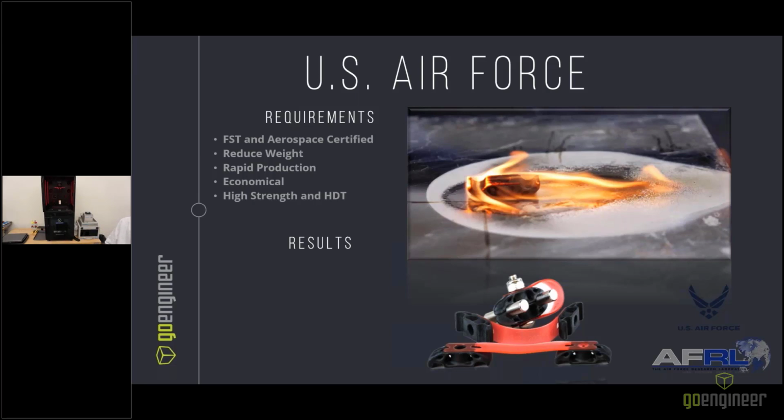The phenolic material that they were using would off-gas a very toxic formaldehyde, and they wanted to get away from doing this. By using an Origin One system and the 3955, they were able to meet all of their requirements of FST and aerospace certification, reduced weight, rapid production, and an economical way.